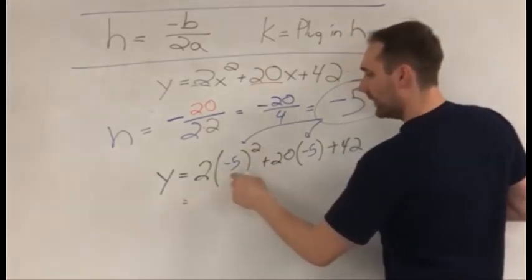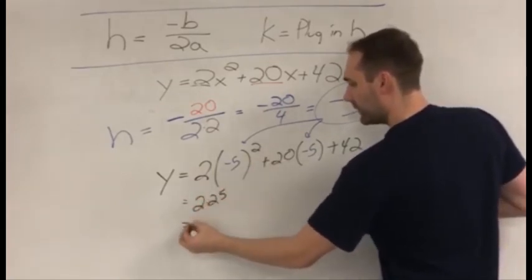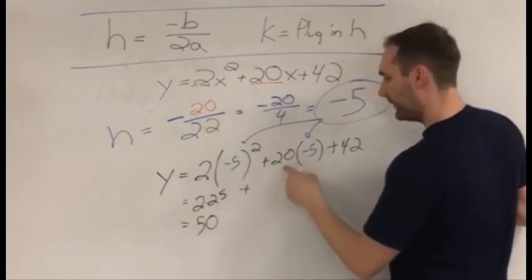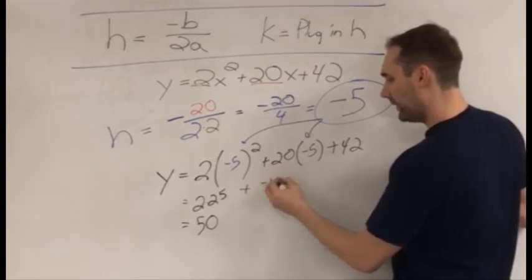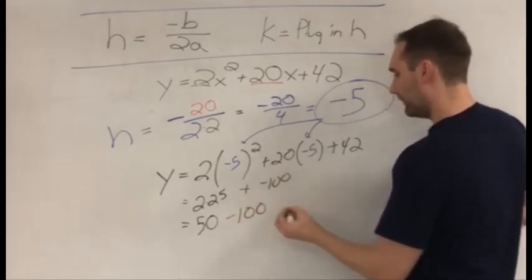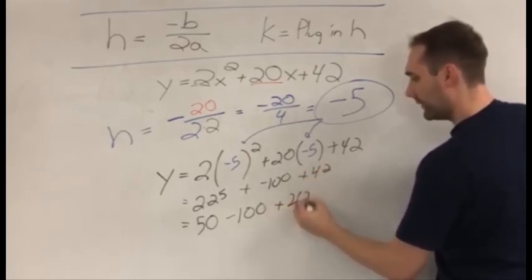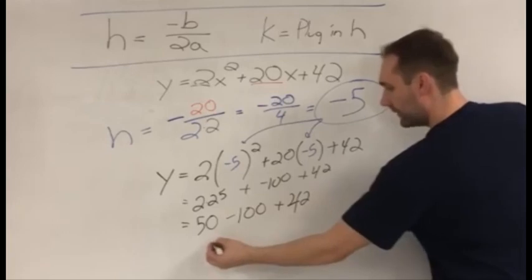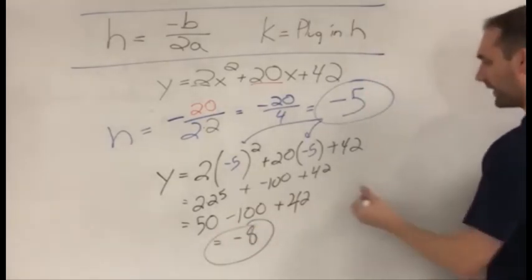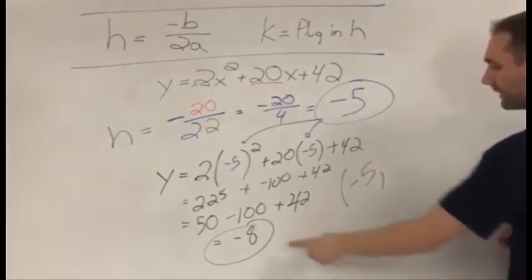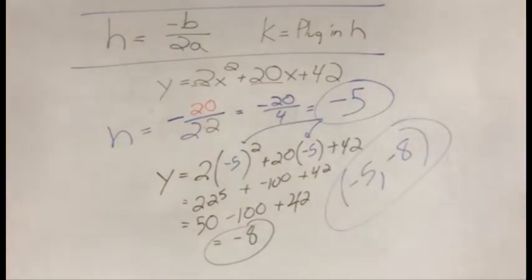So that equals negative 5 squared is 25, so 2 times 25, which of course is 50, plus, 20 times negative 5 is negative 100, so minus 100, plus 42. So what is 50 minus 100 plus 42? Well, that is negative 8. So it says my h is negative 5, and my k is negative 8. Is that not what we found in our last problem? Should have been.